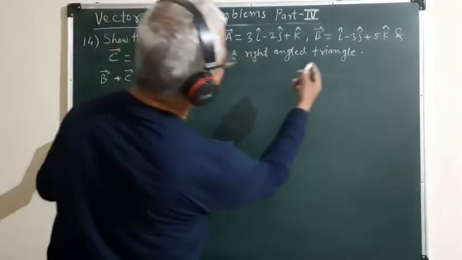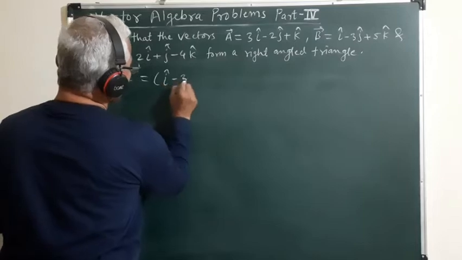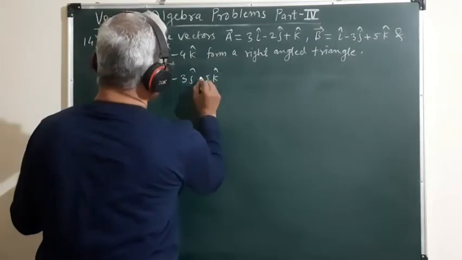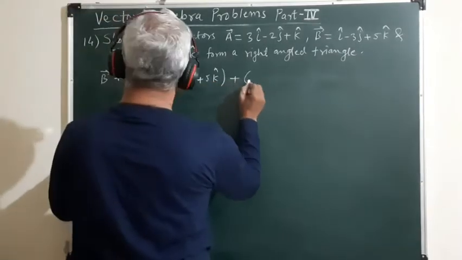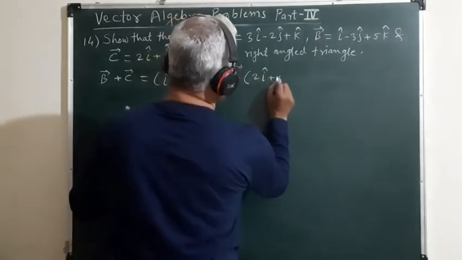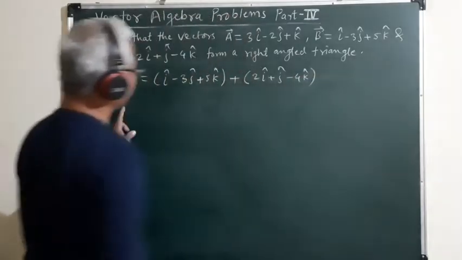So we have the vector b bar expressed as i cap minus 3j cap plus 5k cap, plus c bar is expressed as 2i cap plus j cap minus 4k cap.